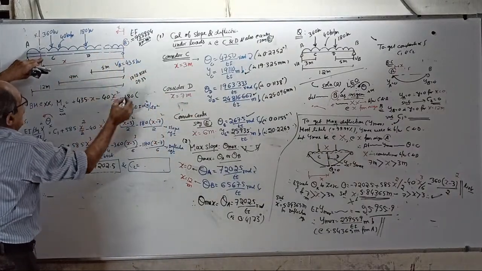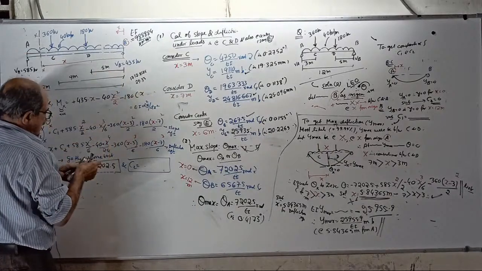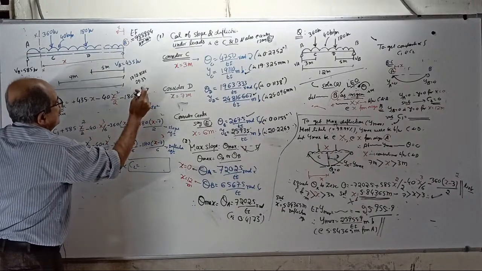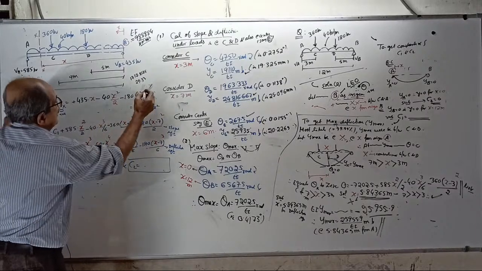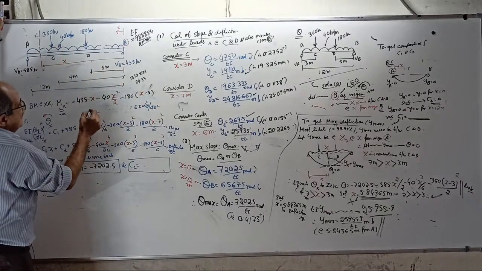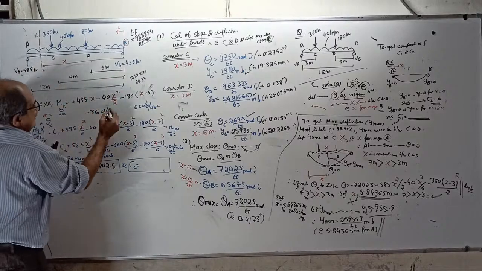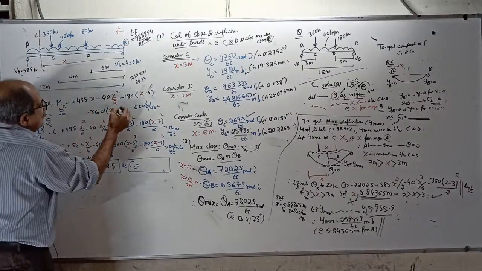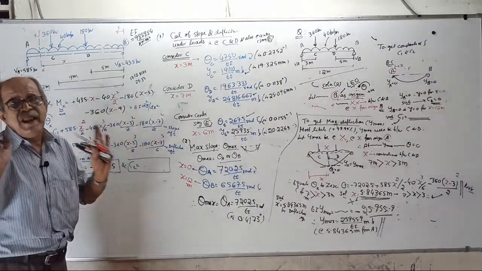Minus 180 into x minus 5, minus 360 into x minus 9, equal to EI d square y by dx square.